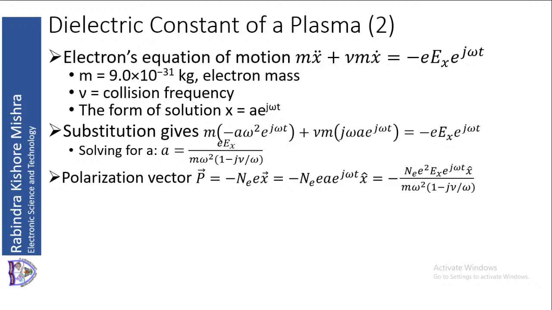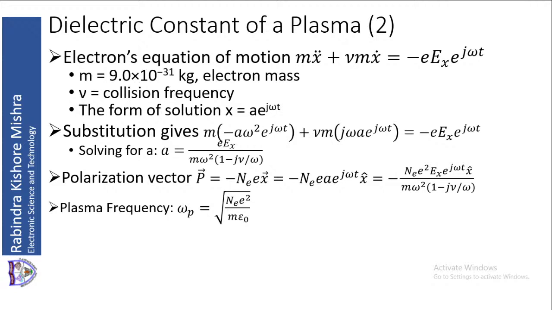So that will be equal to minus Ne e square Ex exponential j omega t divided by m omega square into 1 minus j nu by omega. This looks a little bit complicated, so to simplify it we define something called the plasma frequency omega p.